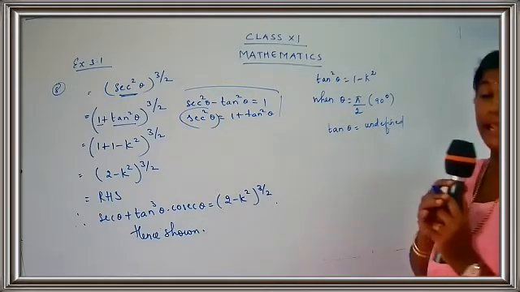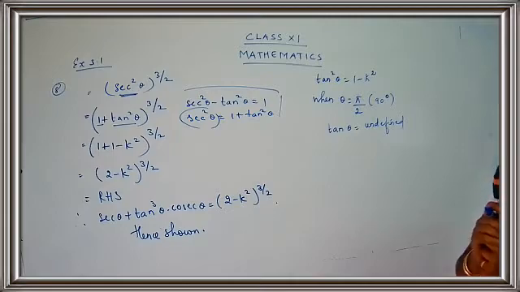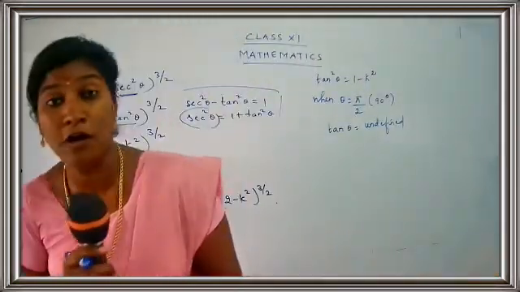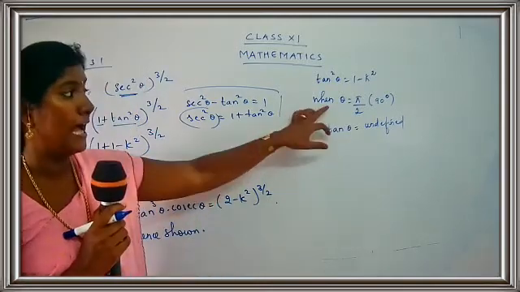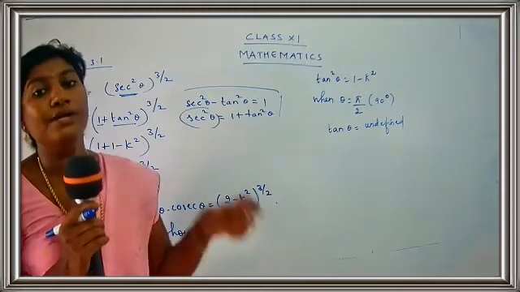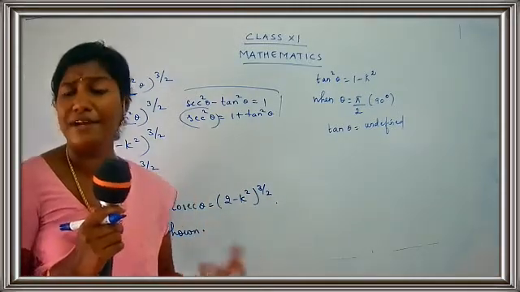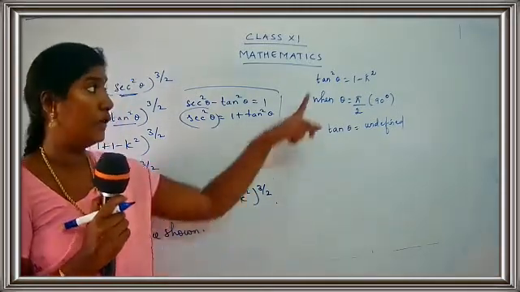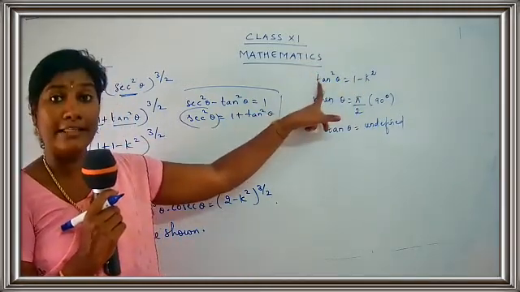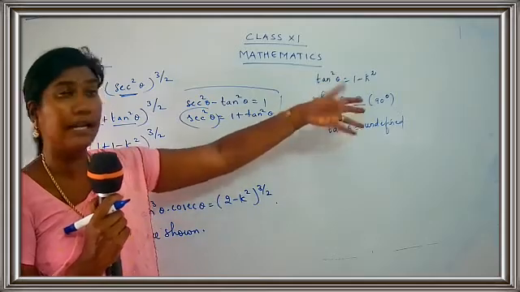That is, you don't get a value for k when theta is equal to pi by 2. You cannot find out the value for k when the angle is pi by 2 because tan pi by 2 is undefined. How can you find out the value for k? If you know the value for tan theta, then only can we substitute the value and get the value for k.